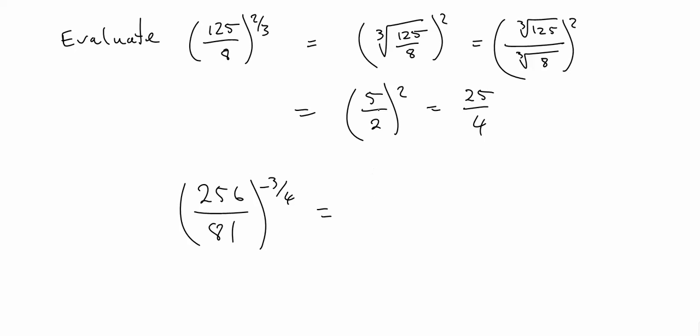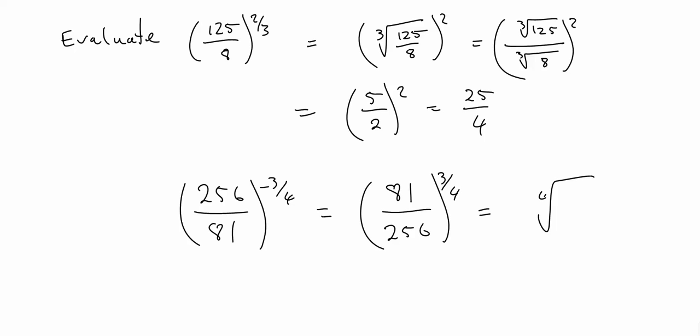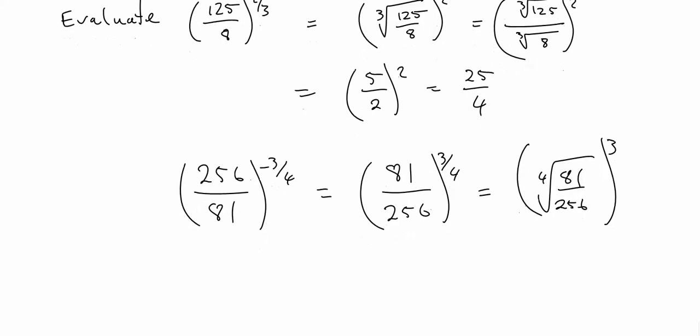So this would mean the same as 1 over 256 over 81, which is 81 over 256 to the power of plus 3/4, which means the fourth root of 81 over 256 cubed, and the fourth root of 81 is 3, and the fourth root of 256 is 4.